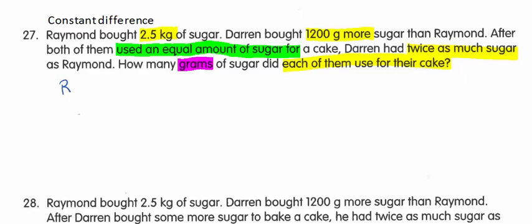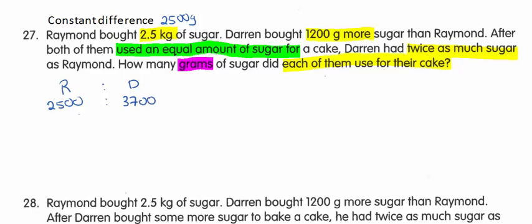Because it's in grams, let's change this, it is 2500 grams. Now Darren is not 1200, because Darren bought 1200 more than Raymond. So basically Darren is 1200 plus 2500, and that will give you 3700 grams.